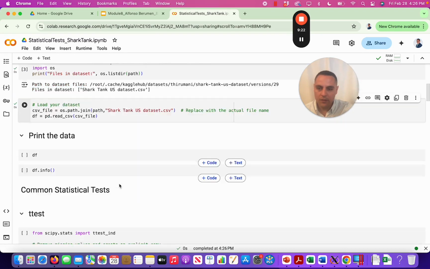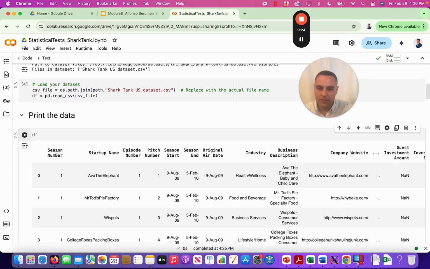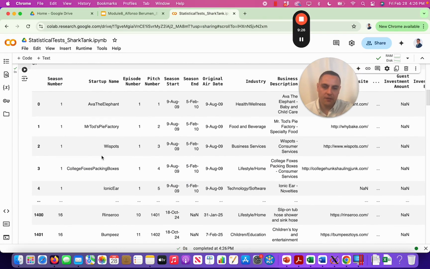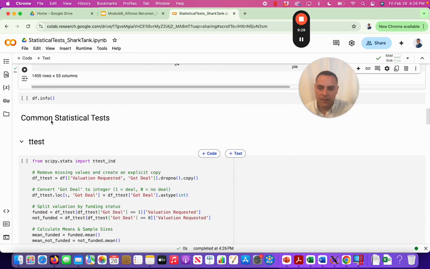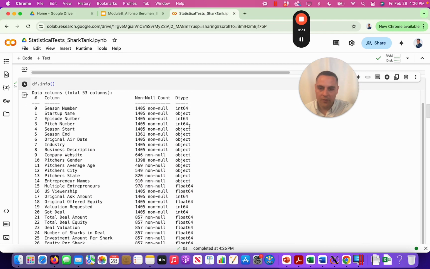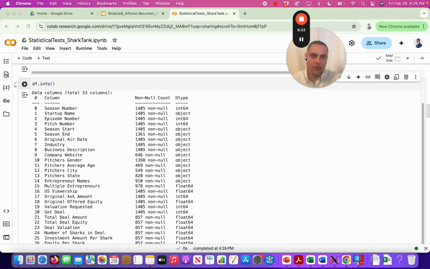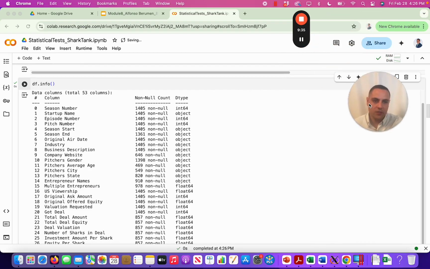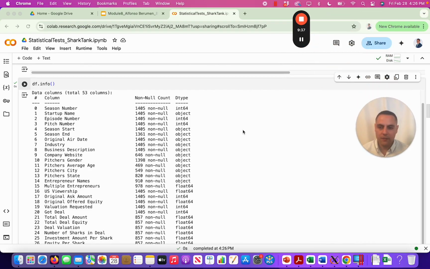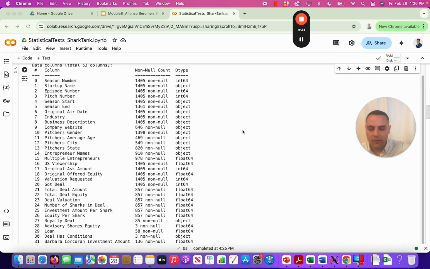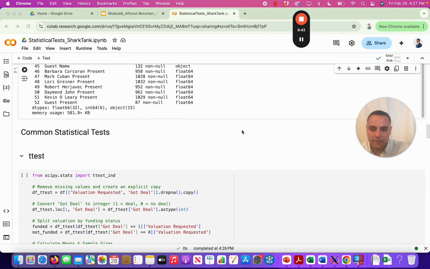And then we'll start running our statistical tests, right? So you can see our data. I'm just printing the data again, and we can see all our variables here. So that's going to be important in knowing the variable types. And we'll look at our first test here.